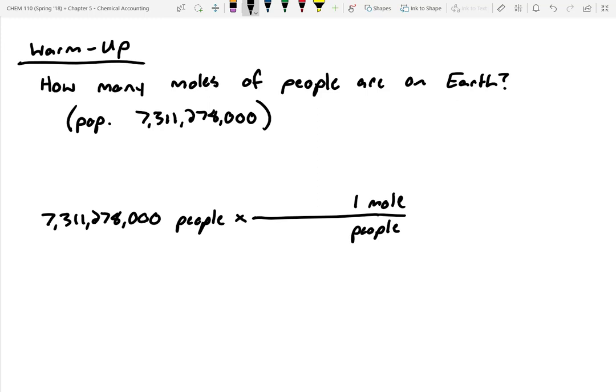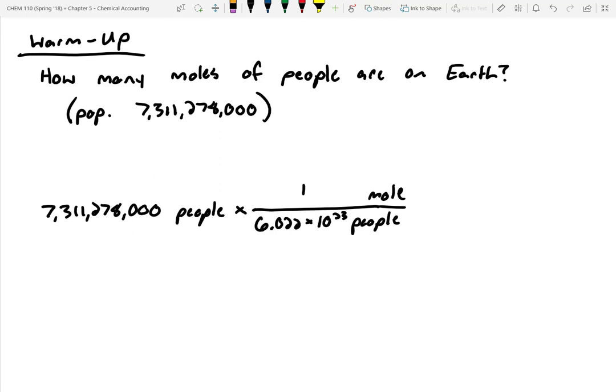It's important to remember that moles should be on top. We know that 1 mole is equal to 6.022 times 10 to the 23rd anything, right? Doesn't matter if it's people, tomatoes, apples, watermelon, atoms, molecules. It just needs to be something that you can count, right? So during this unit conversion, we're going to be canceling out the things, which in this case is people, and we'll be left with our units of moles.